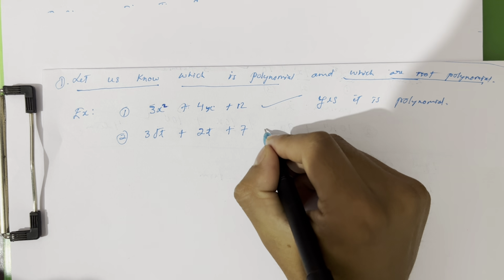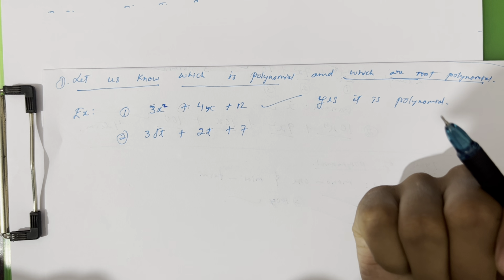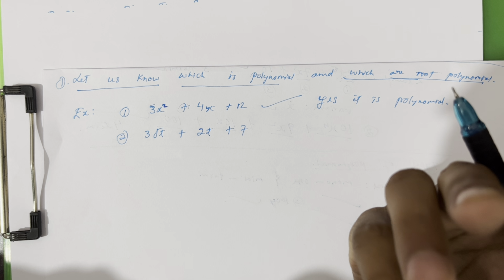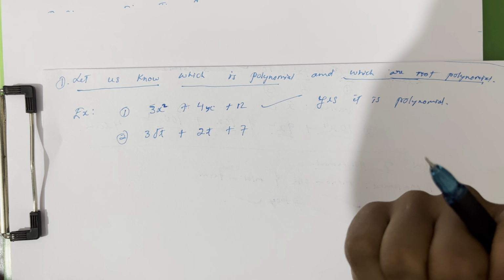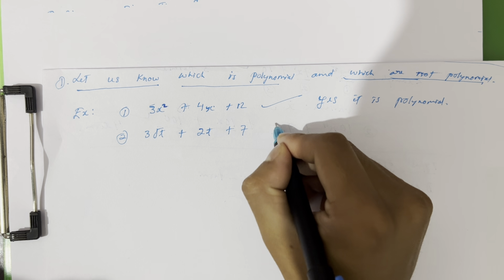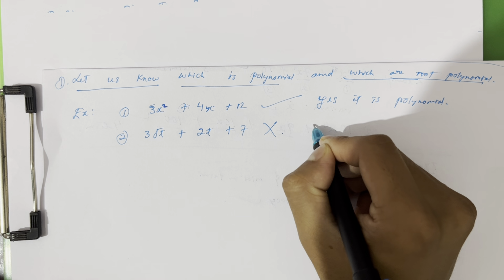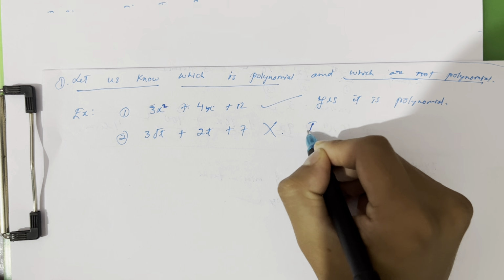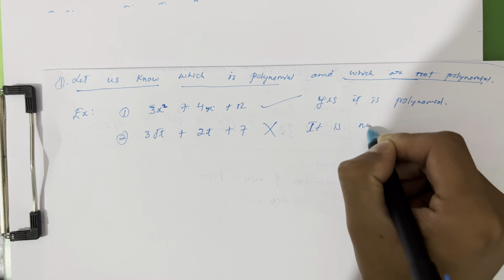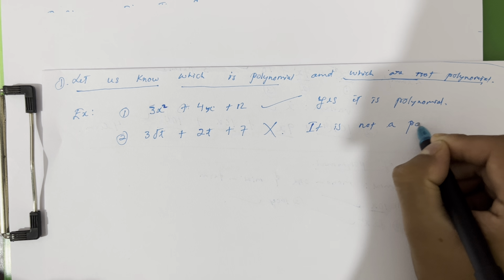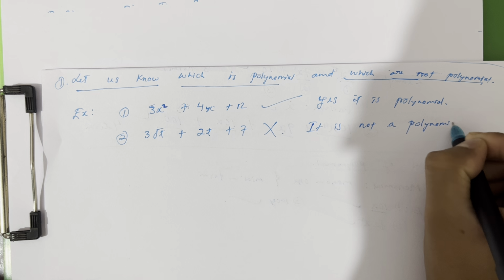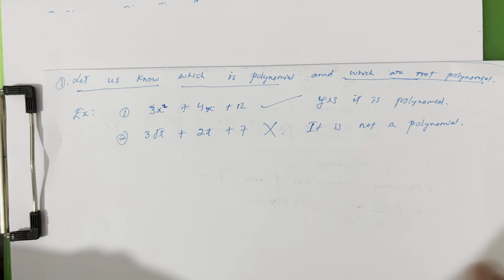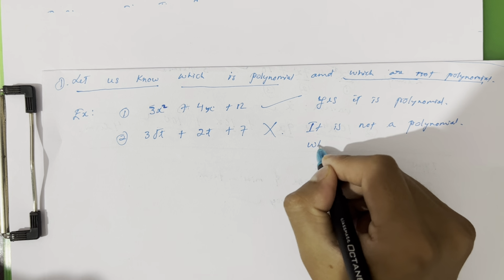You will say yes or no. So in your mind you are thinking, is this a polynomial or not? No, actually this is not a polynomial. Why? I will explain to you.